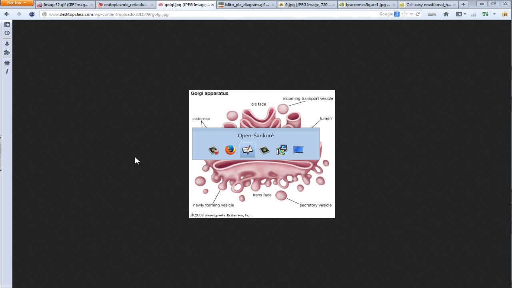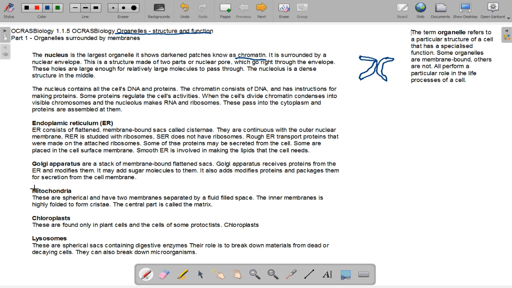So if we go back, mitochondria are spherical, and they have two membranes separated by a fluid-filled space. The inner membrane is highly folded to form cristae, and the central part is called the matrix. This makes the energy required for the cell.